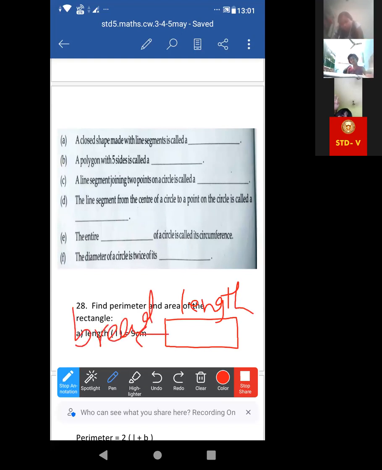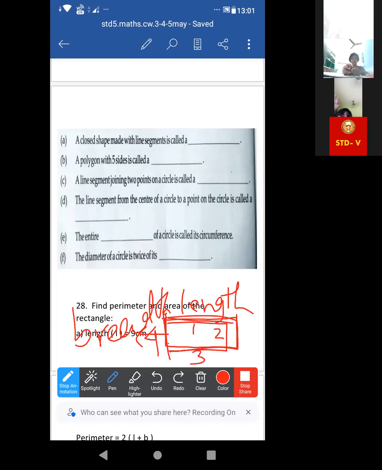Now, perimeter means the entire length of the boundary. I told you, in the case of a circle, same thing. So perimeter means we have to add the length of the boundary. Look, this length plus breadth, again length plus breadth. 1, 2, 3, 4.